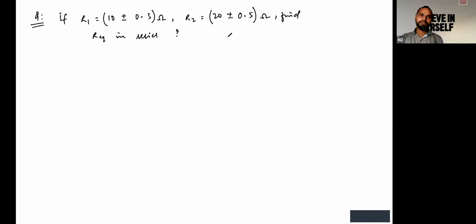Just use the result and try to simplify it. R equivalent in series combination would be R1 plus R2. Just put their values.